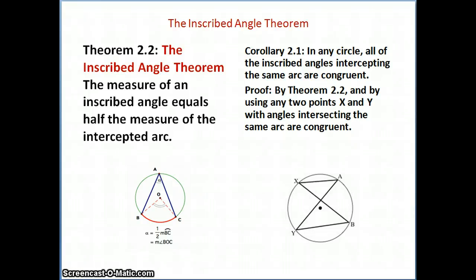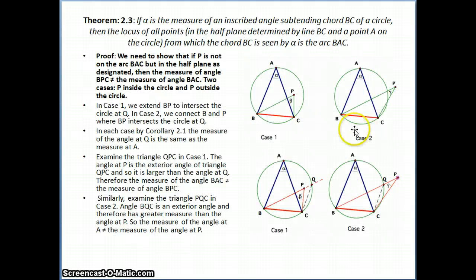So now we already know if it's on the arc, they must be congruent. We want to show if it's not on the arc, they cannot be congruent. There are two cases: if it's not on the arc, it's either inside the circle or outside the circle. First case, inside the circle.